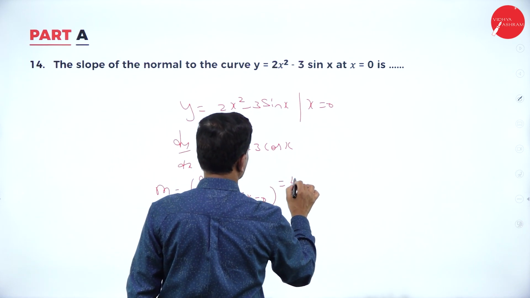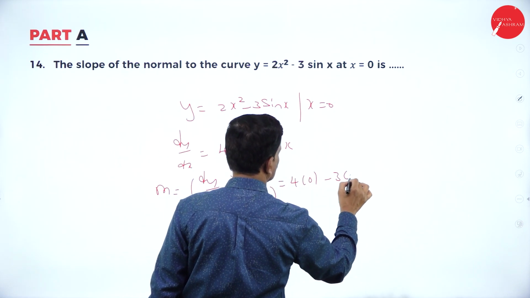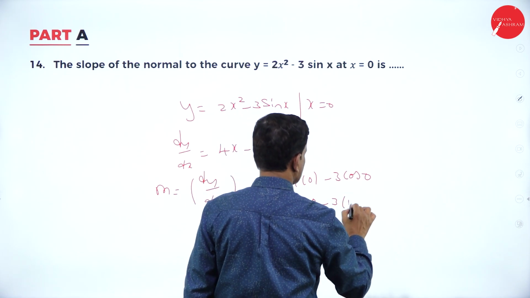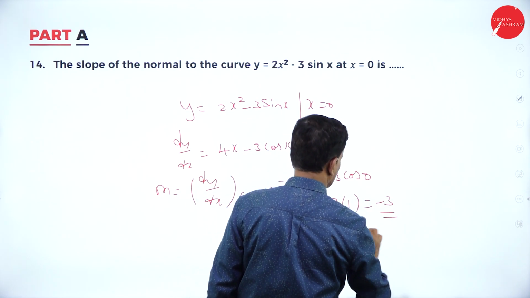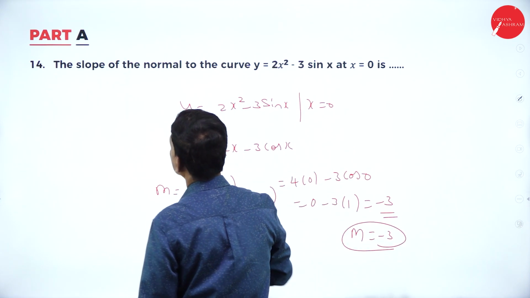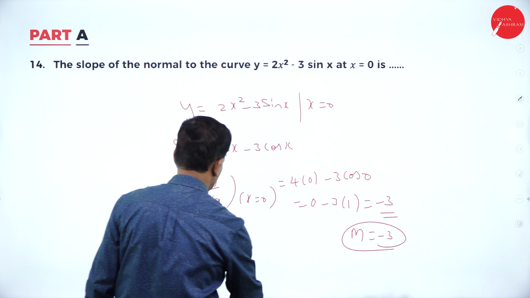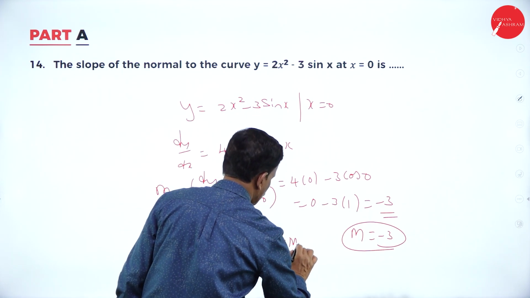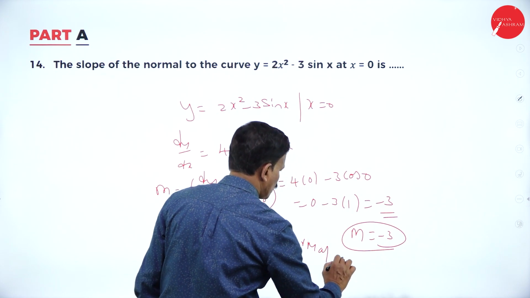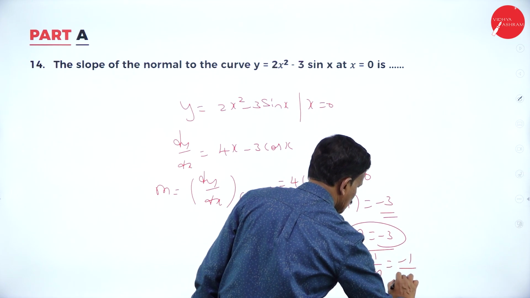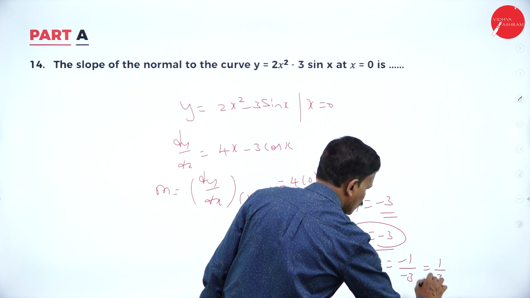So this is nothing but 4 into 0 minus 3 into cos 0. Cos 0 is 1, so that's equal to minus 3. m is equal to minus 3. This is the slope of the tangent. Therefore the slope of normal, capital M, is equal to minus 1 by m. That is minus 1 by minus 3, which is 1 by 3.